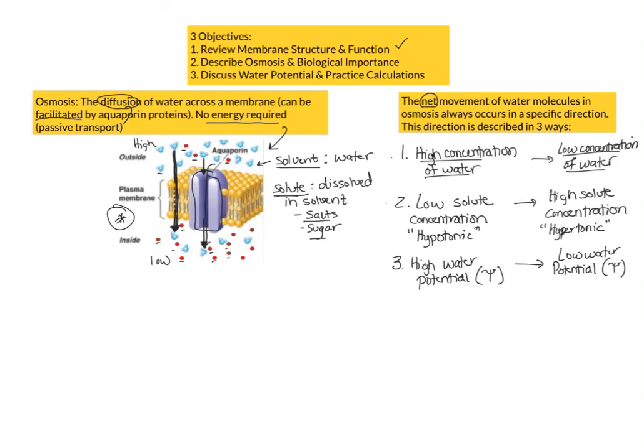We're going to break down this idea of water potential in just a moment, but just to reiterate, all three of these ways of describing how water movement is occurring are saying the same thing, just from different perspectives.